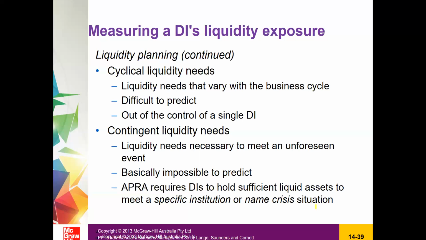And last of all is the contingent liquidity needs, the liquidity needs necessary to meet an unforeseen event. APRA requires that depository institutions hold sufficient liquid assets to meet any crisis situation. So the bottom line is depository institutions need to hold sufficient liquid assets considering all these different types of liquidity requirements.